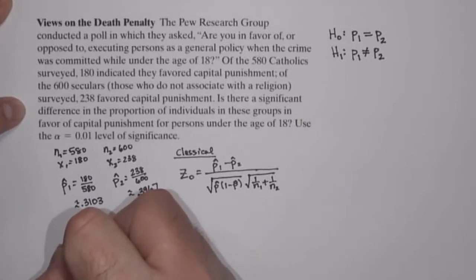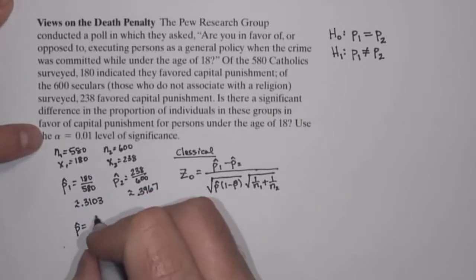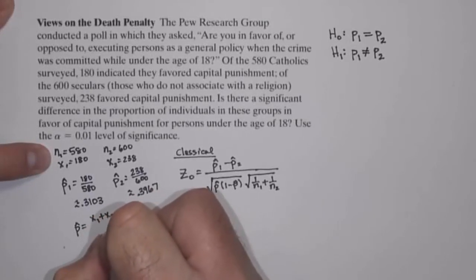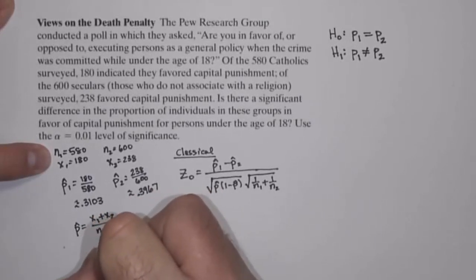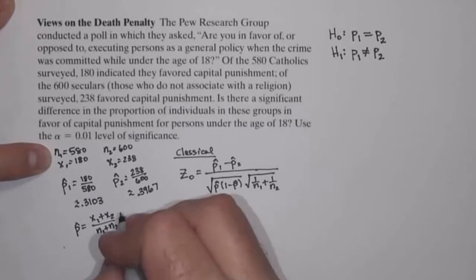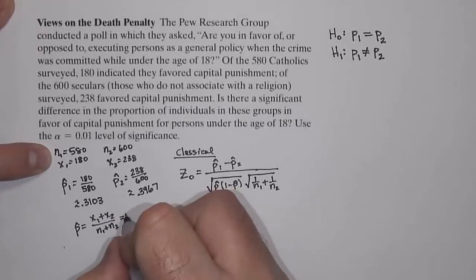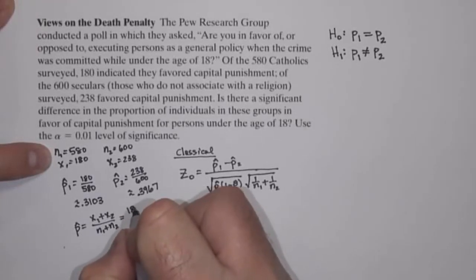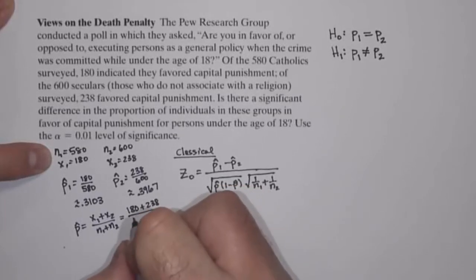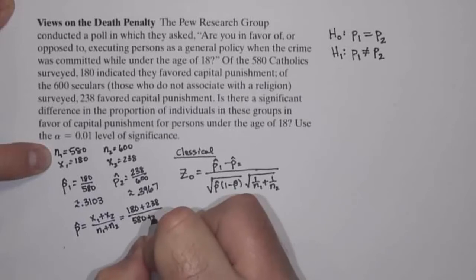So let's do that down here. P hat is going to equal, again, our formula is x1 plus x2 over n1 plus n2, so we're just getting the total number of successes out of the total sample size. So in this case, that is 180 plus 238 out of 580 plus 600.